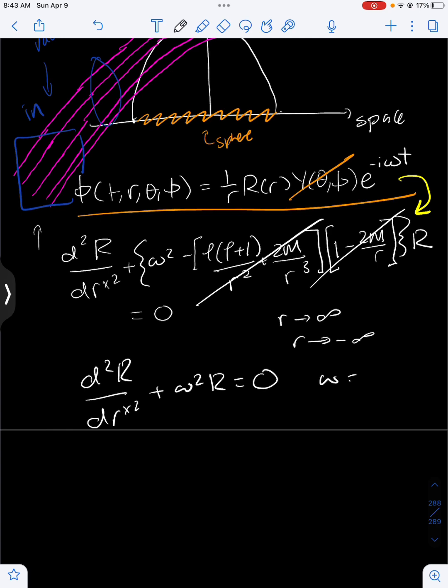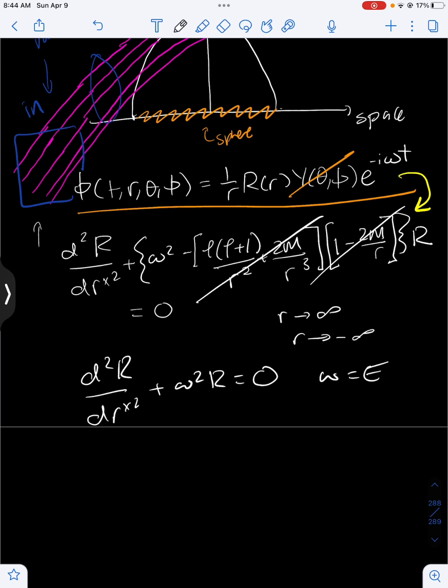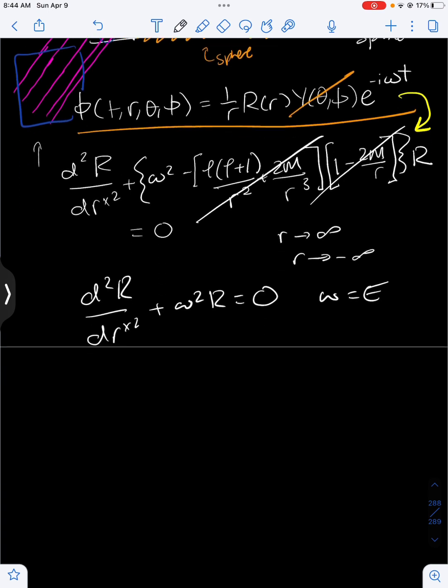Omega here is the energy, by the way. We are considering a massless scalar field, so due to E equals mc squared, the energy is going to equal the momentum. So you might also see me write this as k, since E equals k in this case. All right, so now we can do some more stuff. We can rearrange this to give us minus omega squared r.